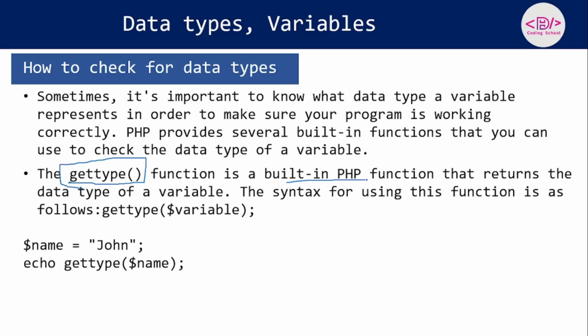It can tell us that, and the syntax is simply like this. You call gettype, and then in the brackets you pass in the variable you want to check. So for instance, if we have a name, we can simply echo gettype of name. So let's do that.